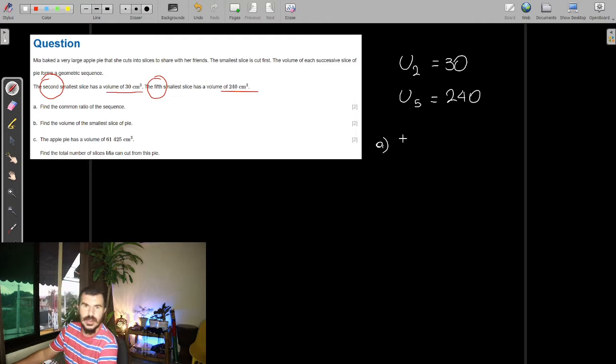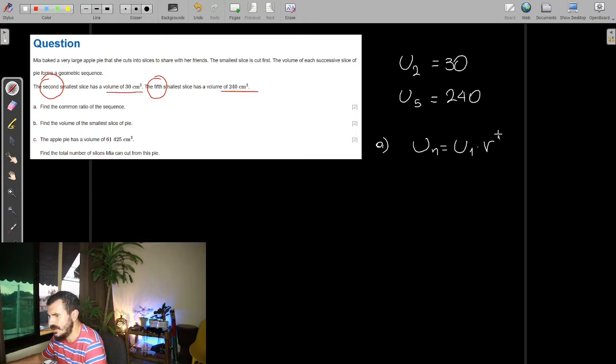Now, what do I know about geometric sequences? I know the nth term, the general term, which is Un equals U1 times r, the ratio, to the power of n minus 1. If you notice, I know neither the U1 nor the r, the ratio. But let me take the information and put it inside my formula.